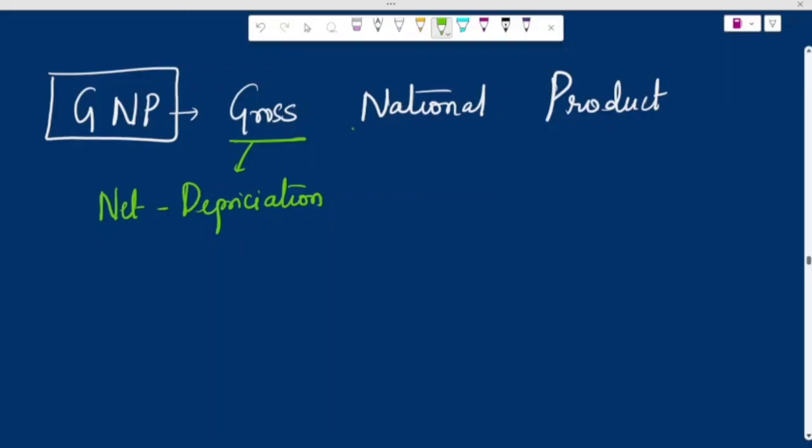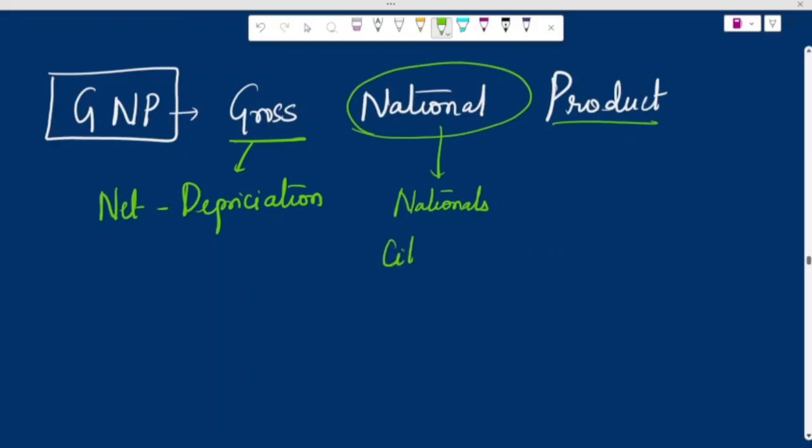National: previously in GDP I told that if anyone produces it will be fine. But here we will be counting what our nationals, our citizens, are producing. Fine. And the product is the same. So nationals are nothing but citizens of the country, irrespective of their location.